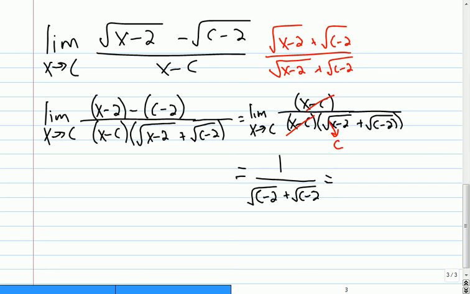Okay, that's also known as 1 over 2 times the square root of c minus 2. This is the value if you give me a c. It's the same thing, right? It's the same thing, except now you're using a c instead of an x. So yeah, you're correct. If you give me a value of c equals 2, it's the same thing as saying x equals 2.